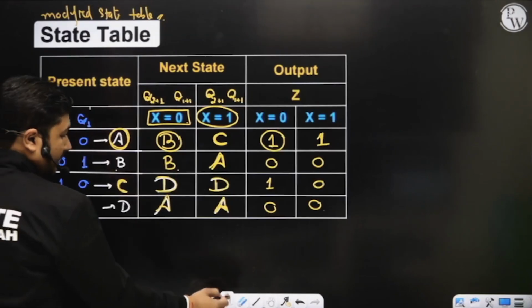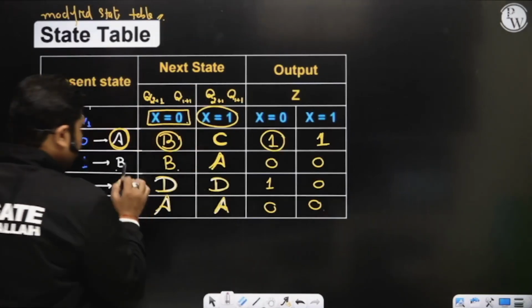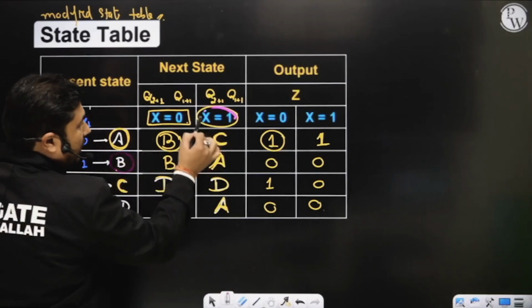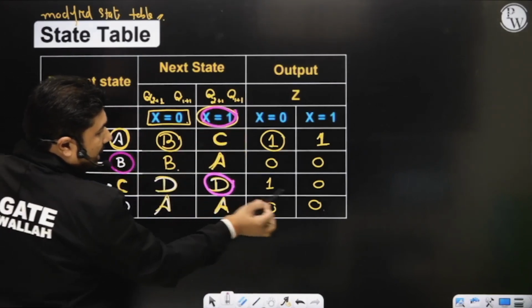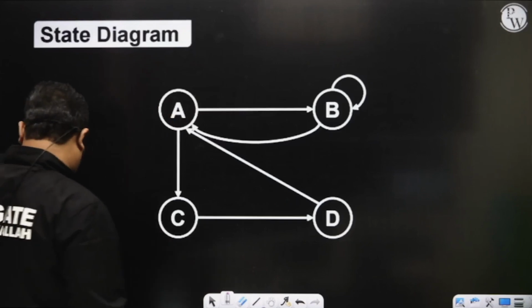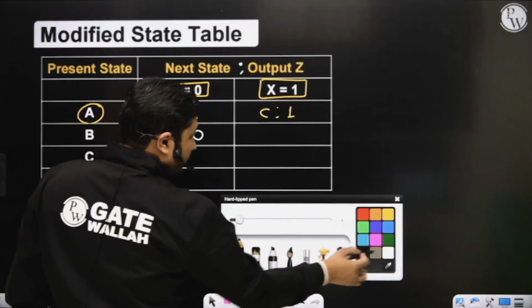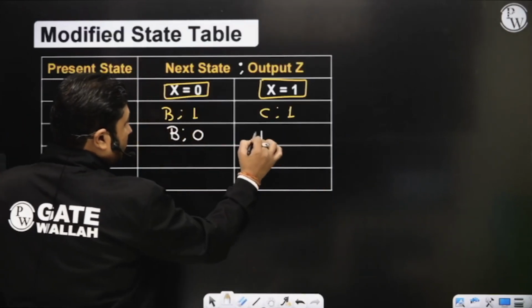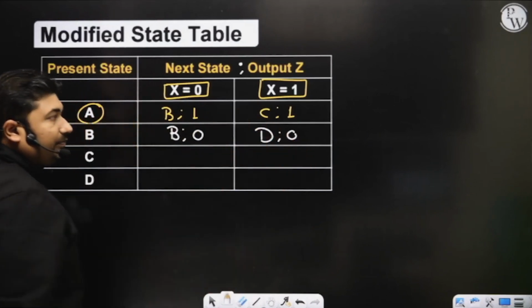Present state B with X equals 1: next state D, output 0. So with X equals 1, next state D, output 0.